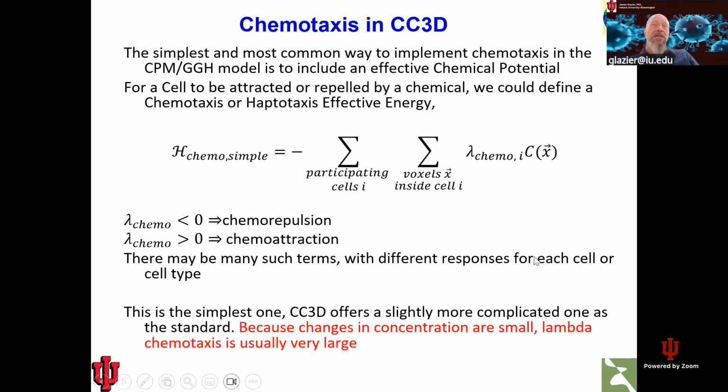Again, I'm giving you maybe too much detail now, but I'm always torn about whether I should just do the simple thing and see what it does, or let you know from the beginning that we always know we're making simplifications when we do modeling.